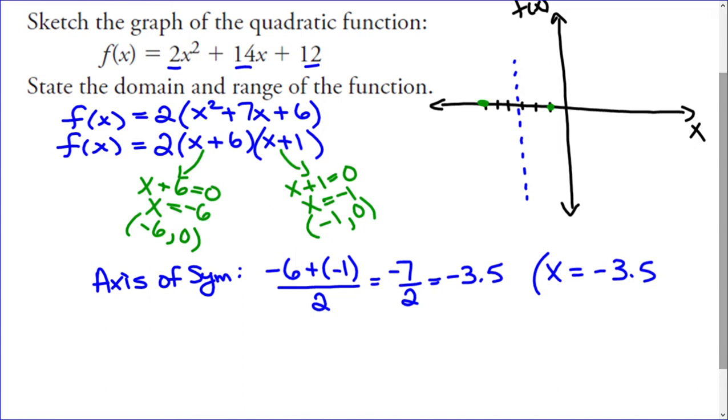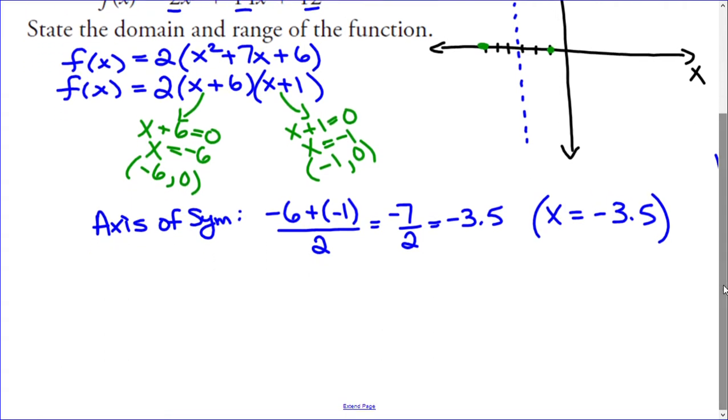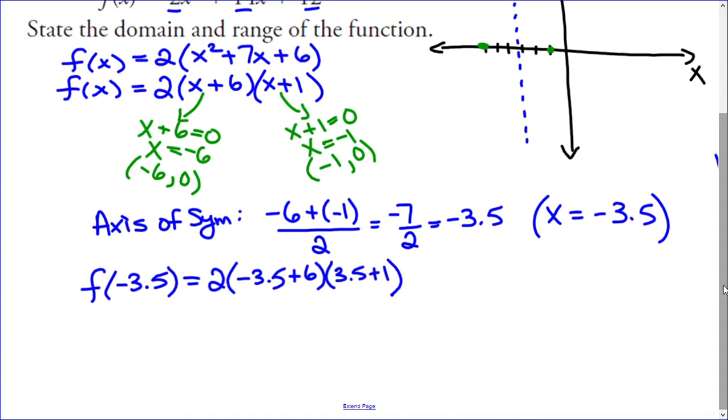Take negative 3.5, plug it back into the equation, and that'll help us solve what we have. So f of negative 3.5 is equal to 2 times negative 3.5 plus 6 multiplied by negative 3.5 plus 1. And really I could have started anywhere here, right back up on top of the original equation.